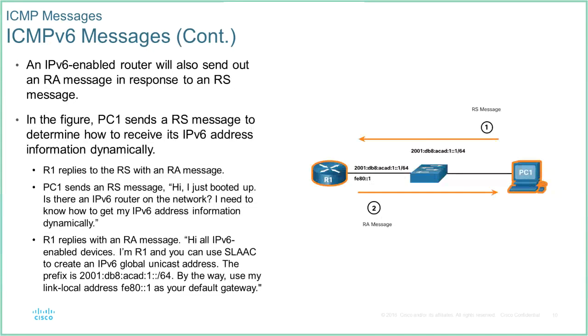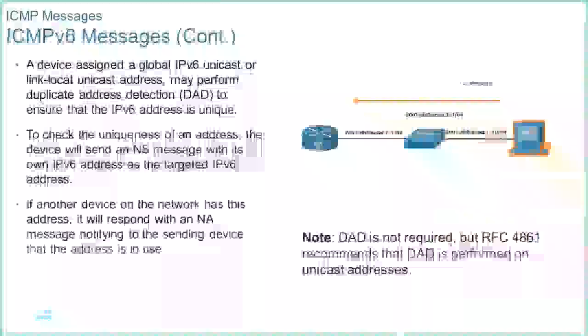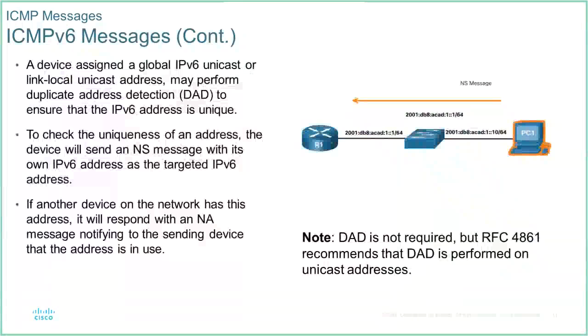So one of the things that is inbuilt into this round robin is duplicate address detection, because every address, even within IPv6, needs to be unique, just like within IPv4. And because we're doing it automatically, we need to have some method of detecting whether the address is used or not.